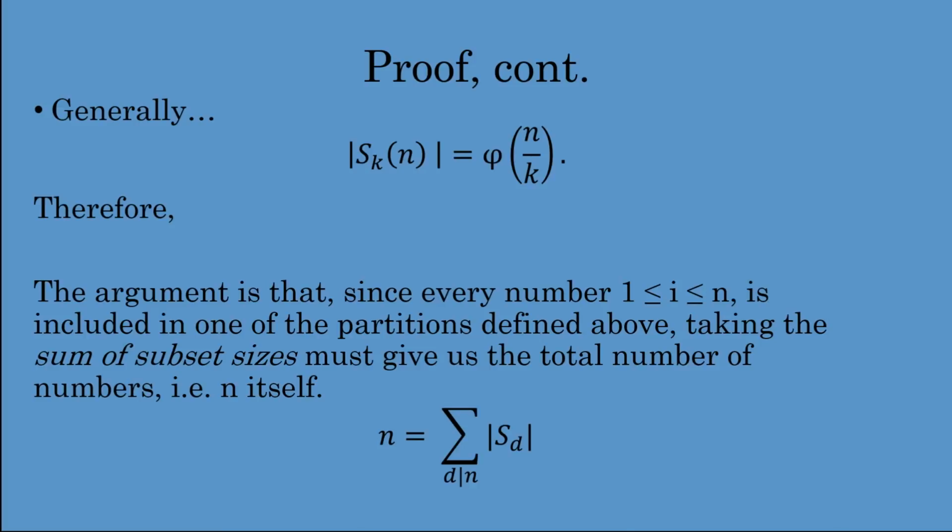Thus, its greatest common factor with n must be some number greater than k, namely P sub j times k. And if this is the case, then the original number we assumed existed would actually be in a different subset, not the one we assumed it was. So a contradiction arises, and so we know that the subset must have this property, where each member of the subset is coprime to n over k.